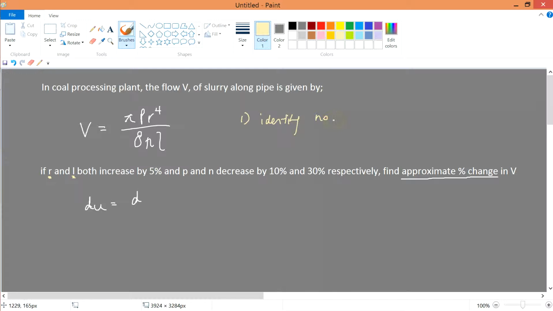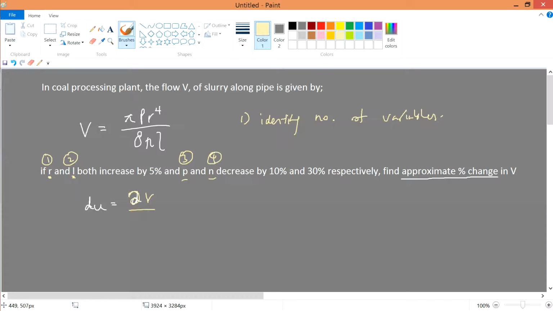I have 1, 2, 3, and 4, right? And this pi is just a value, 3.142. And therefore we have 4 variables.